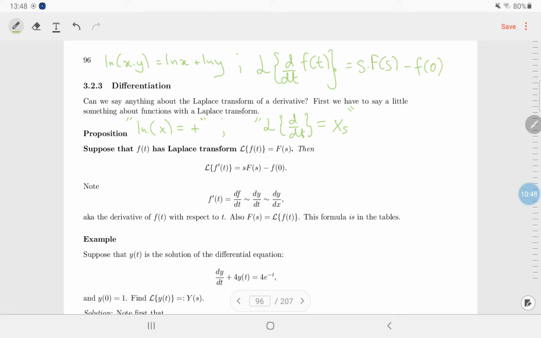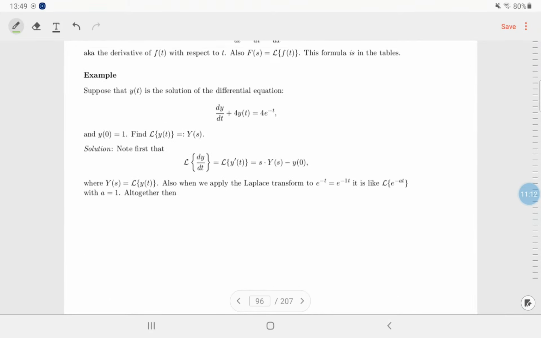So it's not precisely multiplication by s. There's this little f of 0 knocking around as well. If you want to see where this comes from, there is an appendix with all of these. So it turns out that the Laplace transform turns derivatives into multiplication by s, minus this little f of 0. Okay, so let's do an example of this.